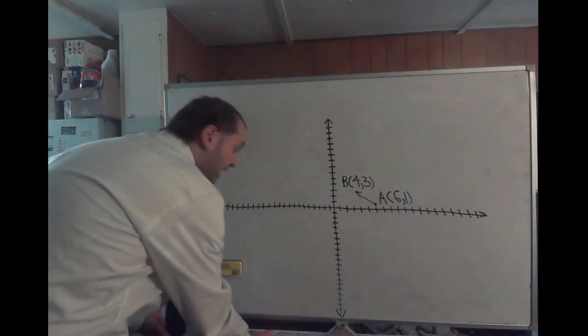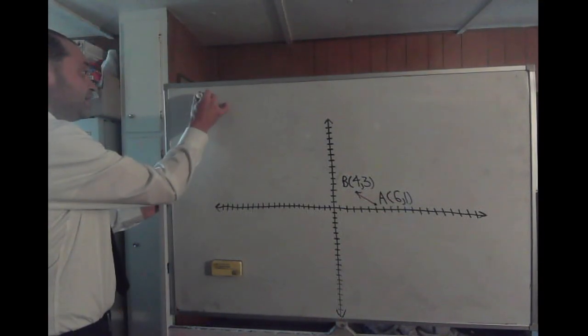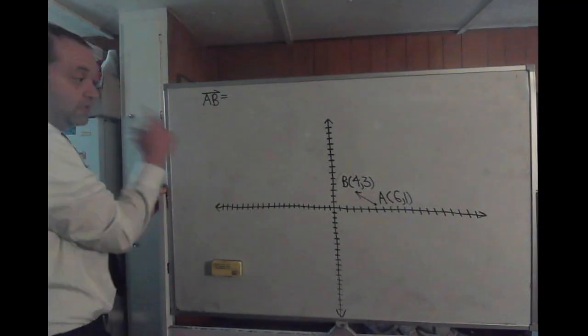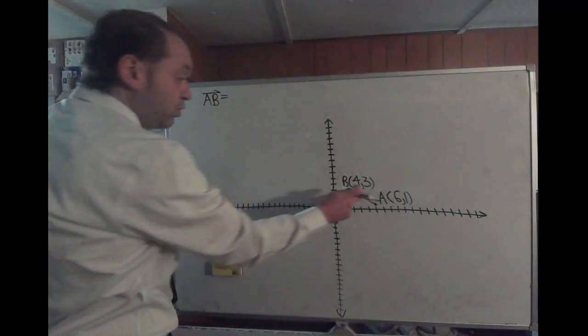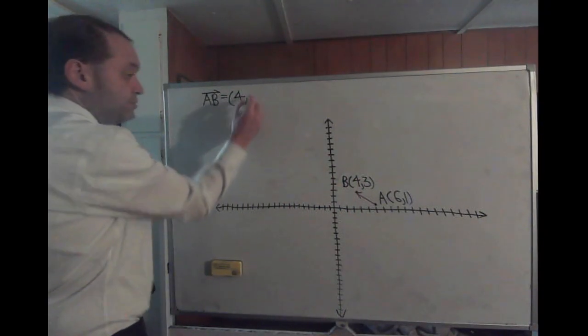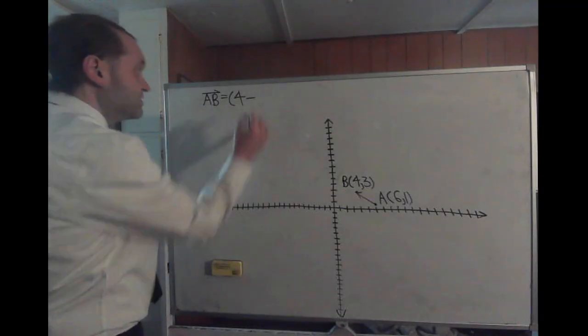Now we need to find the value of that vector. So to find vector AB, you're just going to take the second x-coordinate of 4, since B is your second coordinate, minus your first x-coordinate of 6.